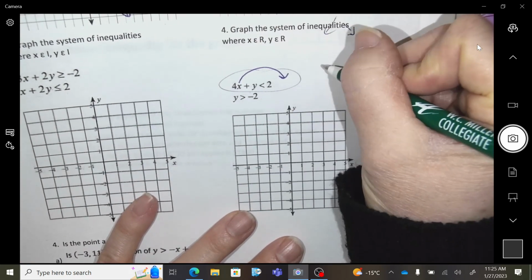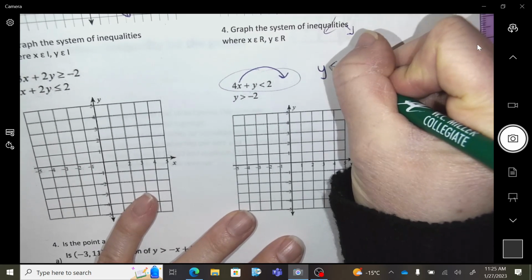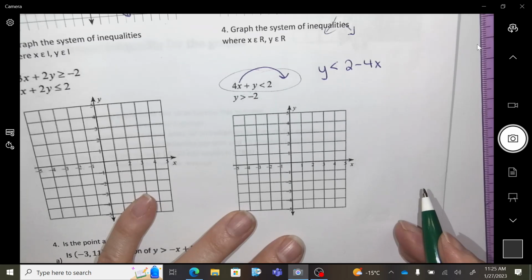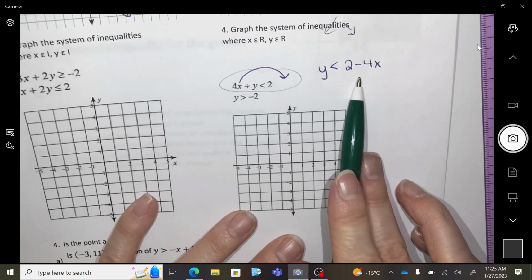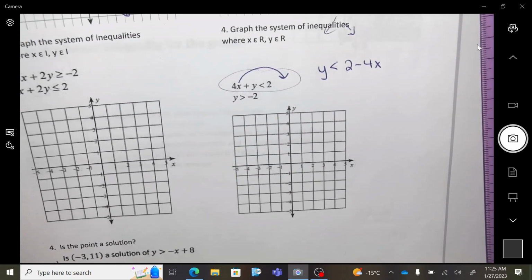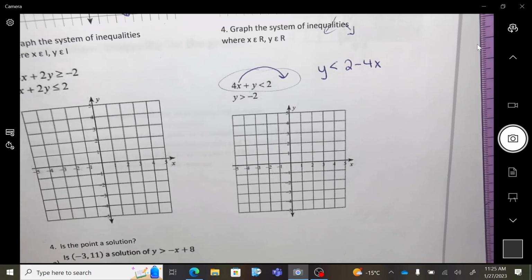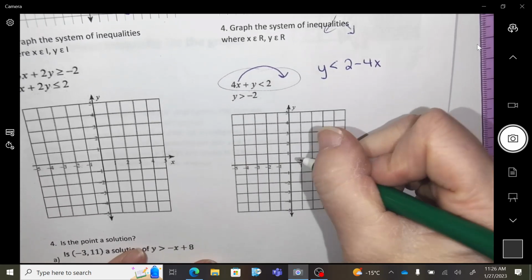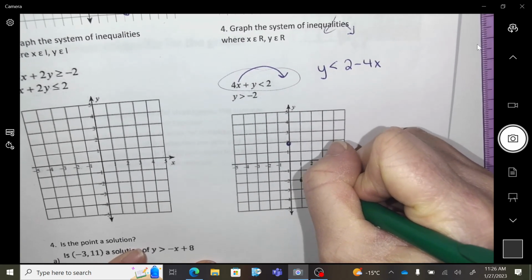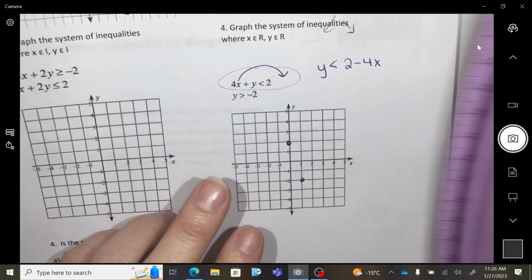So it looks like that would move. So that's ready to go. Dashed.